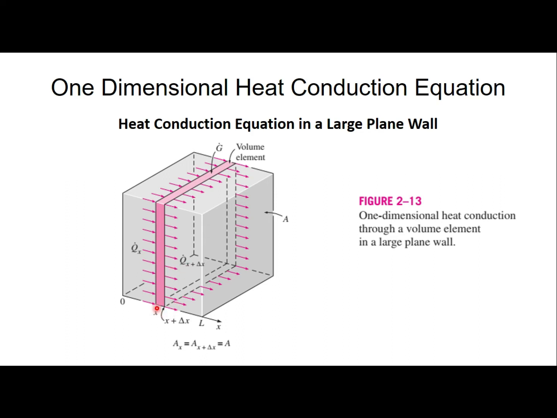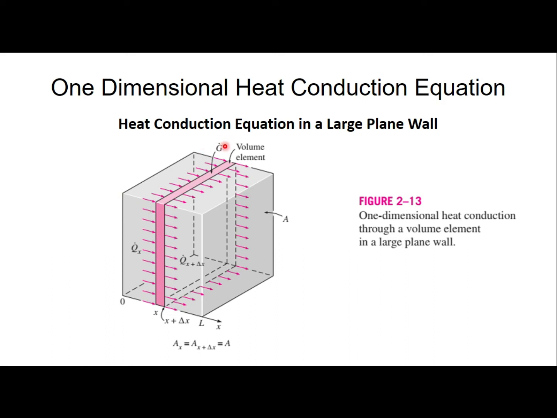So at this point on the left hand side of this wall, the distance is x, and at this point there is some additional distance, so this distance would be known as x plus delta x, right? The area which is perpendicular to the direction of this heat flow would be known as A, right?